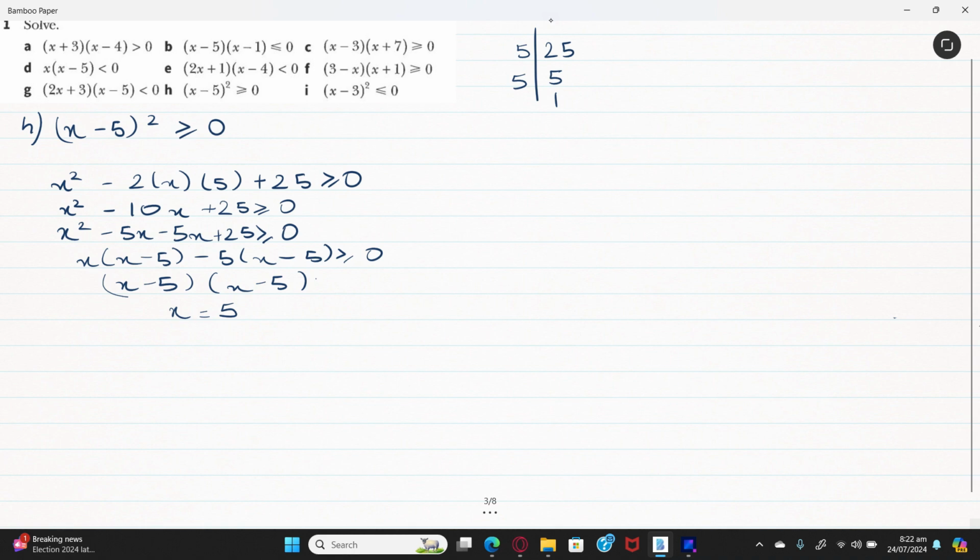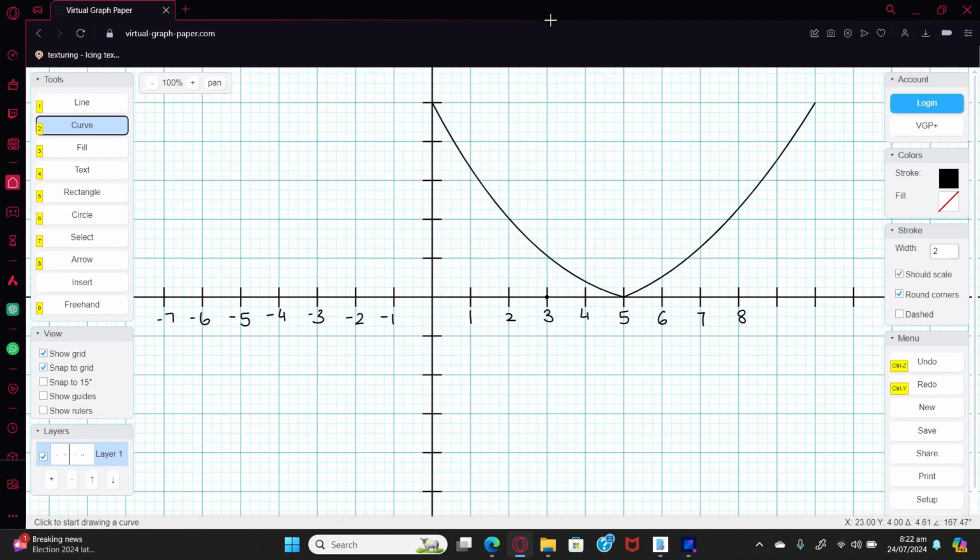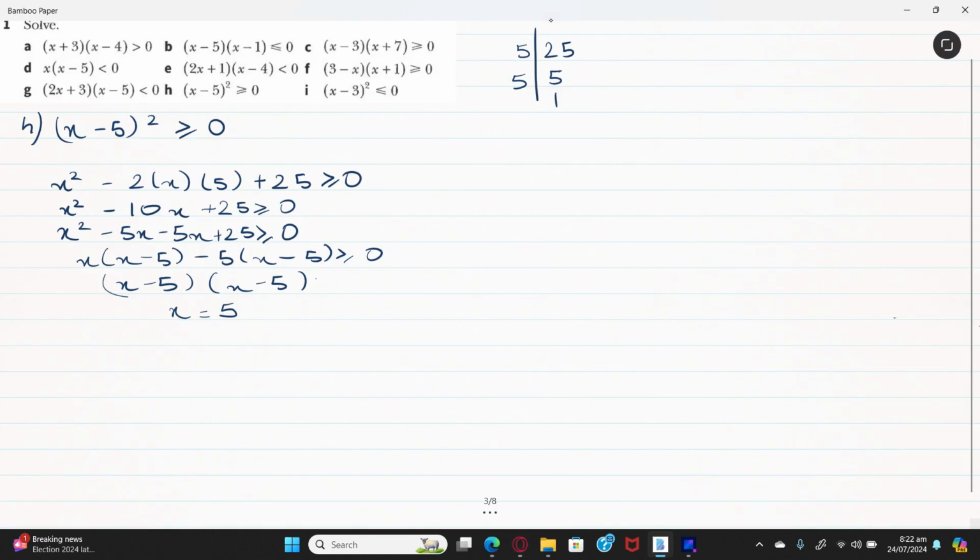Well, if we draw the graph of this, we will get something like this. And again, this is a rough approximation. It is not the perfect graph. I've not plotted the coordinates accordingly, but I've marked only one point accurately, which is the point 5. Now what they have asked us is to tell us the part of the graph for which this quadratic equation is greater than or equal to 0.